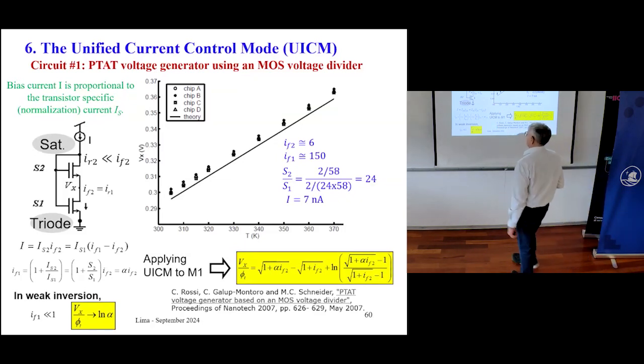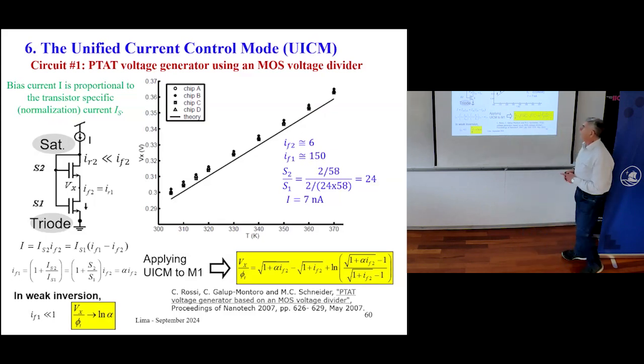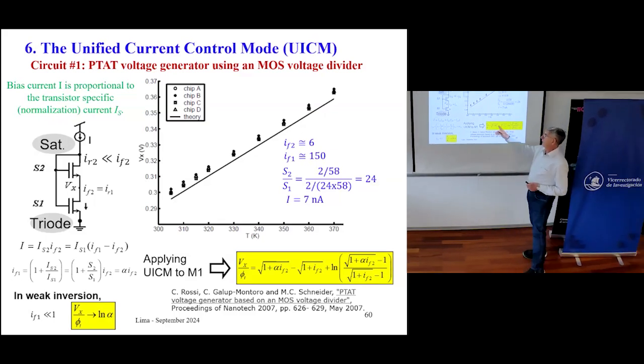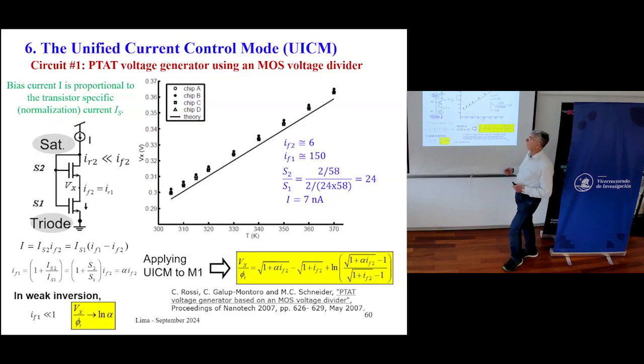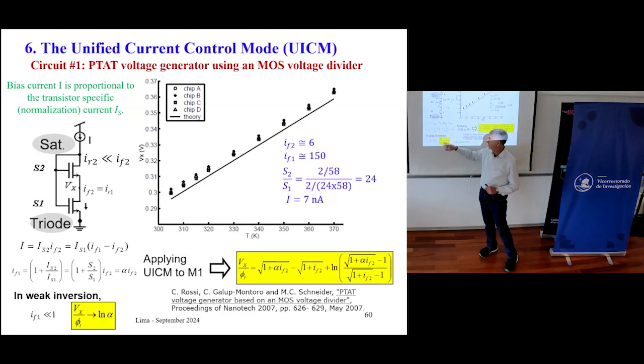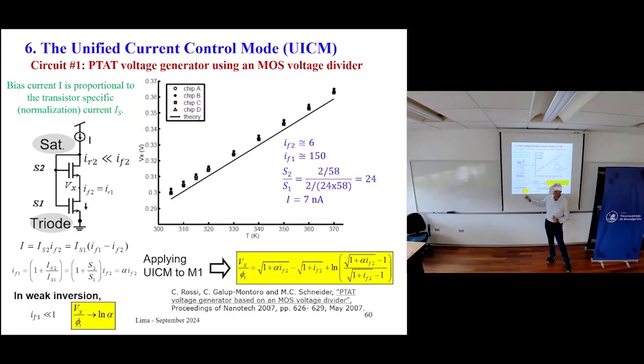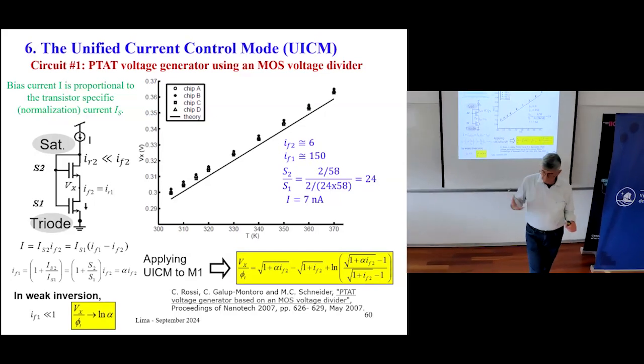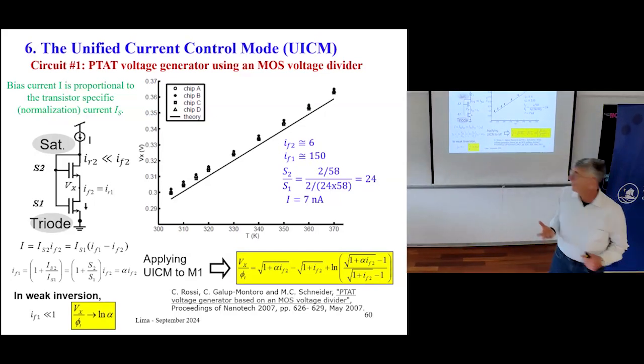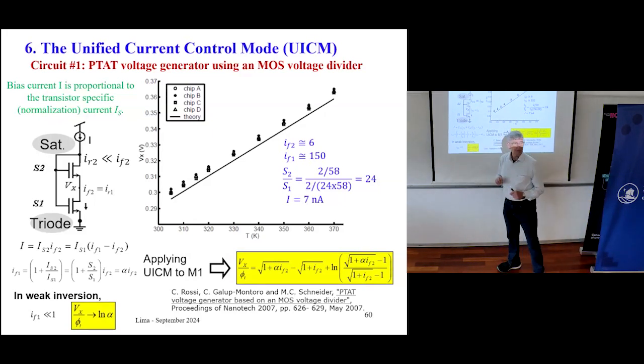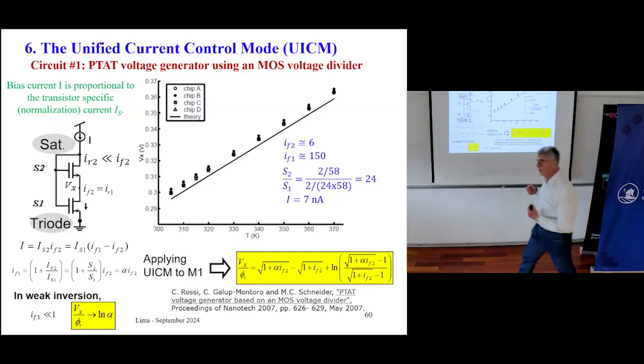So if alpha IF2 is small, we have this value here, Vx over phi t. This can be used as a thermal sensor, because this is a constant term which is not dependent on the temperature, and this one is the absolute temperature, kT over q. So we have Vx proportional to the absolute temperature.